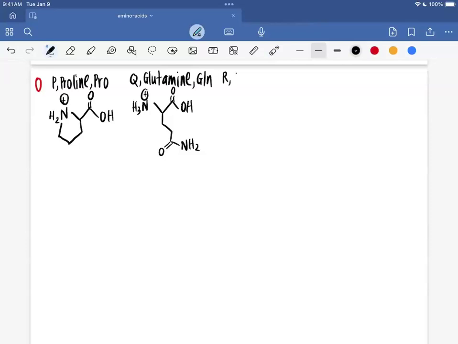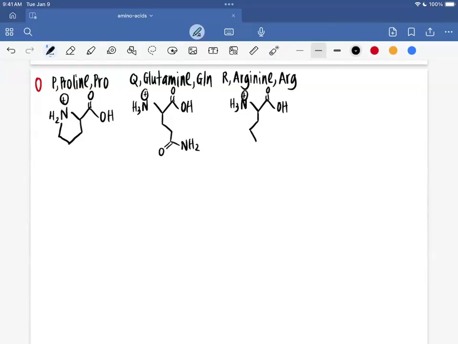R is for arginine and has three-letter code ARG. We'll start off again with our backbone. And the side chain consists of the alpha carbon extending to beta, gamma, and delta carbon.